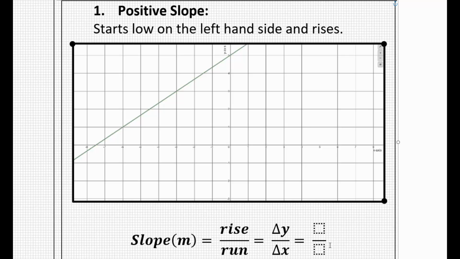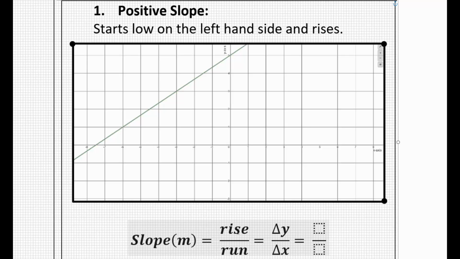And then this is the formula that we're going to be using for now to describe slope. Slope is the rate of change. How steep is it? We use the variable m to describe slope. It's most commonly described as rise over run. Here's that ratio, the fraction form.